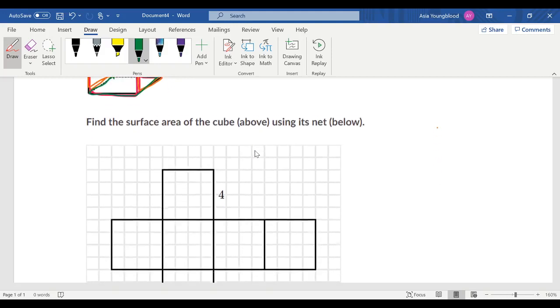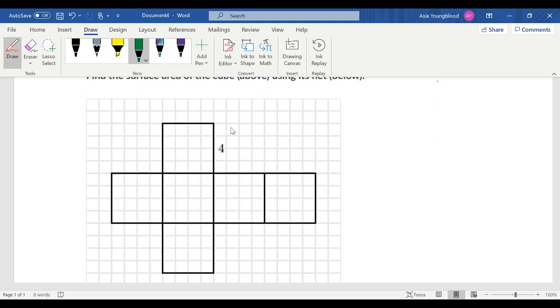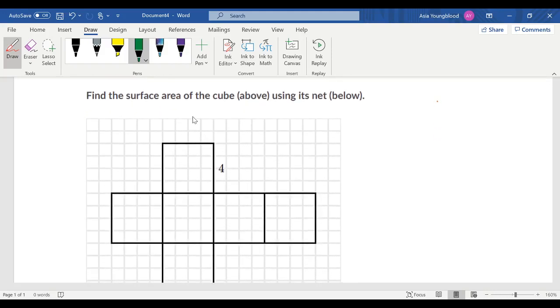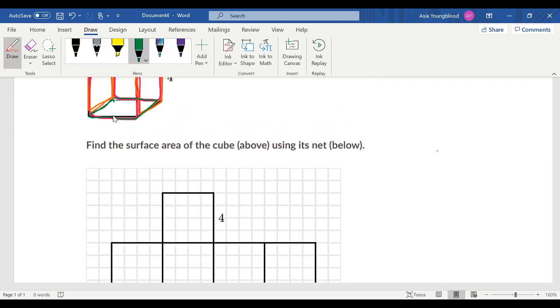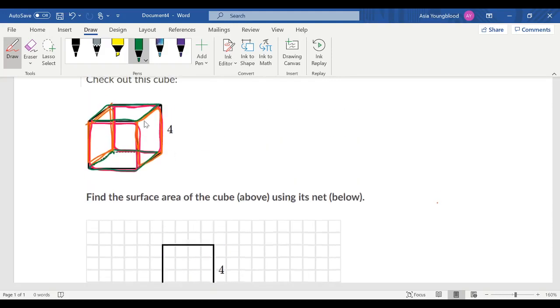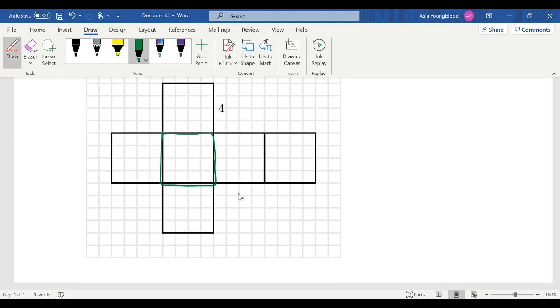So for example, if we look at this net, this is just a way to flatten out the 3-dimensional object into something that's 2-dimensional, so we can clearly see the area. This bottom square down here is this bottom square on this net, right? That's 1 square. And this top square would be the square furthest to the right here.